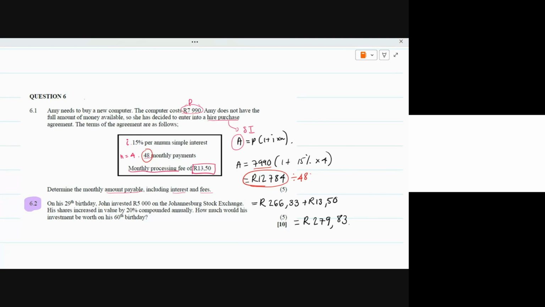I just don't know how to calculate the insurance. For the insurance. Okay. Do you have a particular question that you could read for me? Because if I don't see the question, I might not be able to help you. So maybe let's quickly get this question out of the way, and then you read me that one and then you and I can have a chat about it.